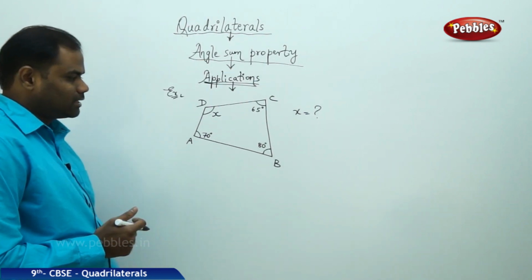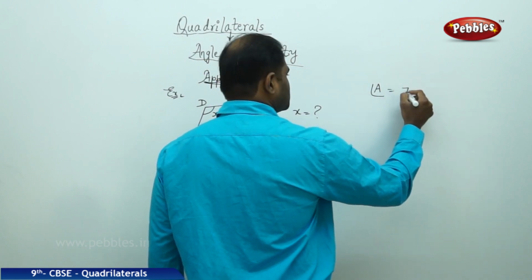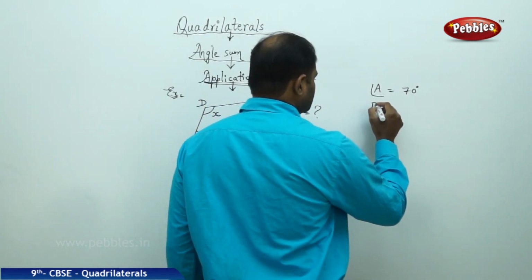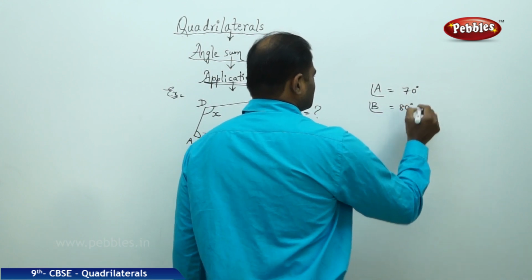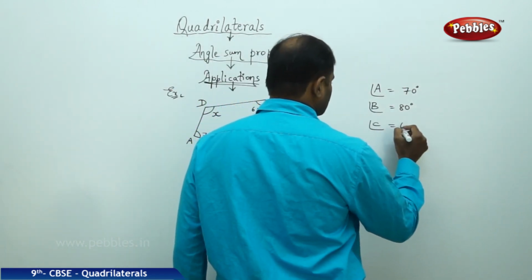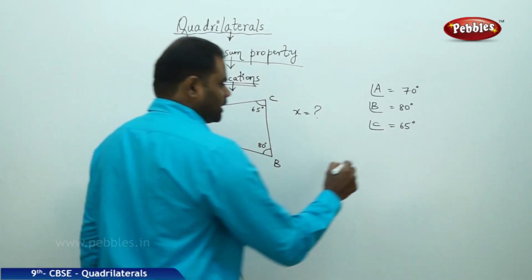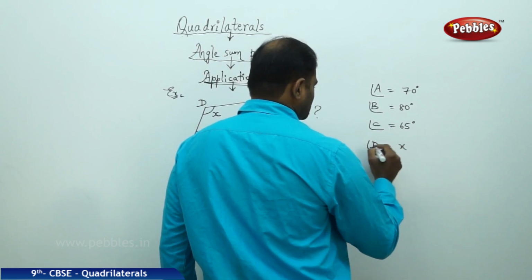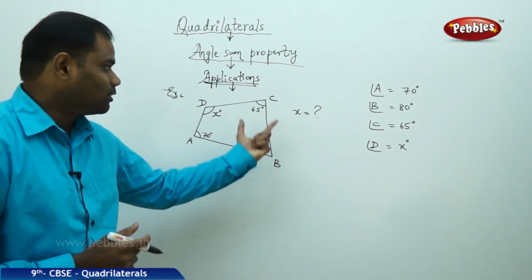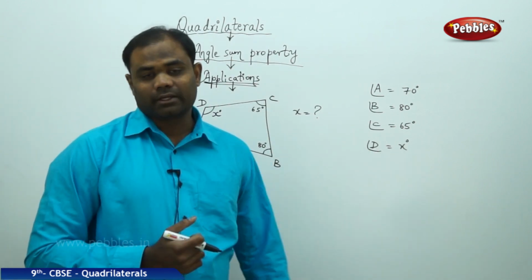Clearly, the given conditions are that angle A is 70 degrees, angle B is 80 degrees, angle C is 65 degrees, and angle D is X. We need to find the angle D, that is the value of X. So let's see how we can find angle D using angle sum property.